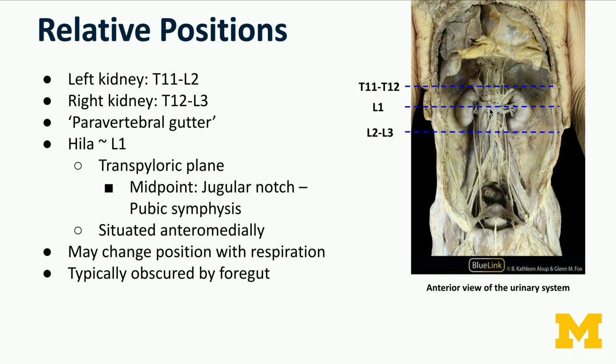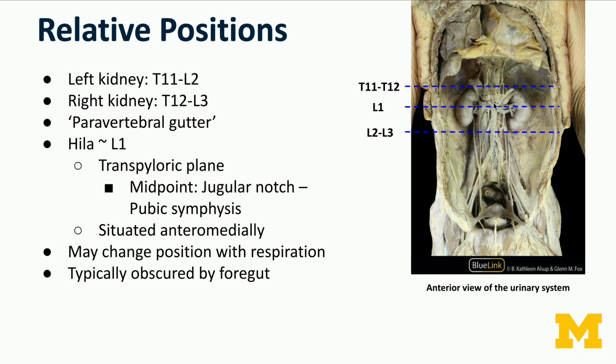The left kidney tends to sit a little higher than the right kidney. Typically the superior pole of the left kidney is sitting a little higher, and that's owed to the fact that the liver occupies so much space in this right upper quadrant.